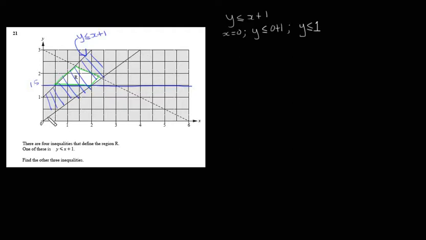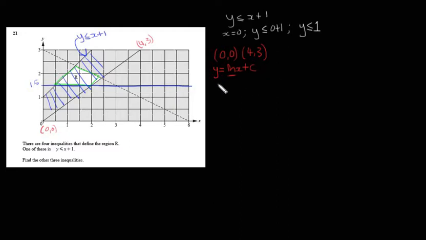Now let's look for this line over here, which has the points 0, 0 and 4, 3. X is equal to 4, y is equal to 3 over here. Now we got 2 points, 0, 0, and 4, 3. We know that the equation of a line is given by y is equal to mx plus c. We need to find m first, which is the slope of a line.